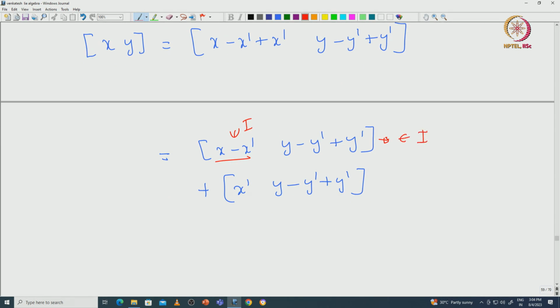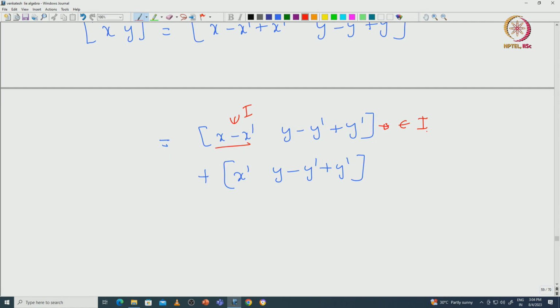Now if you take the second element, because we want to work modulo I, this is some element, let me call it xi.